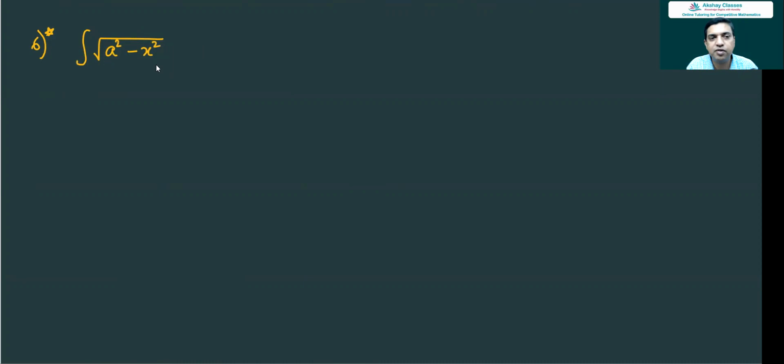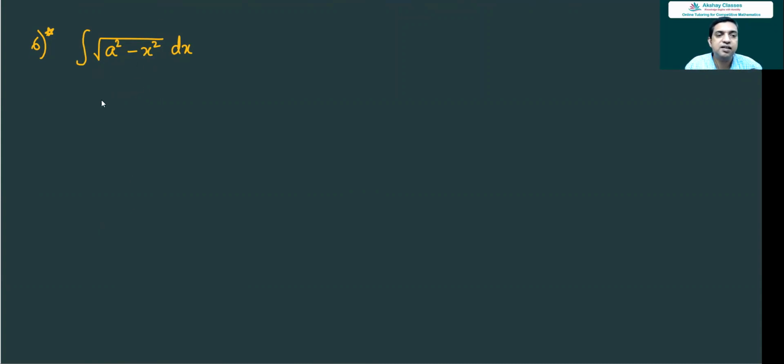It's a circle. So y will be written as under root of a square minus x square. So this forms a semicircle. And there are many problems of area and volumes bounded by a semicircle and hemispherical regions. You get integrals of this type, and it's extremely important, this one.